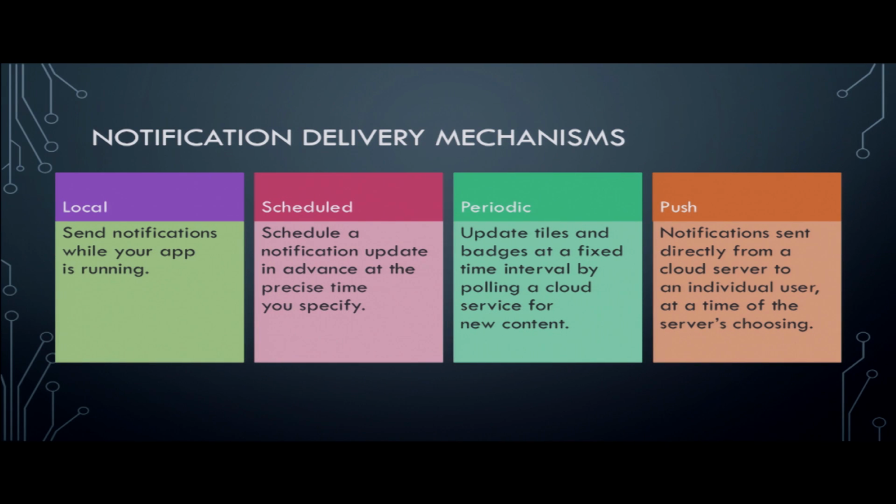And how do you update these tiles? You can update them in several ways. You can update inside your app when you're running. You can update on a schedule, so you set an alarm and update at a specific time. You can do background processing in your app periodically, get more information from, for example, the internet or a web service, and update your tiles with that.